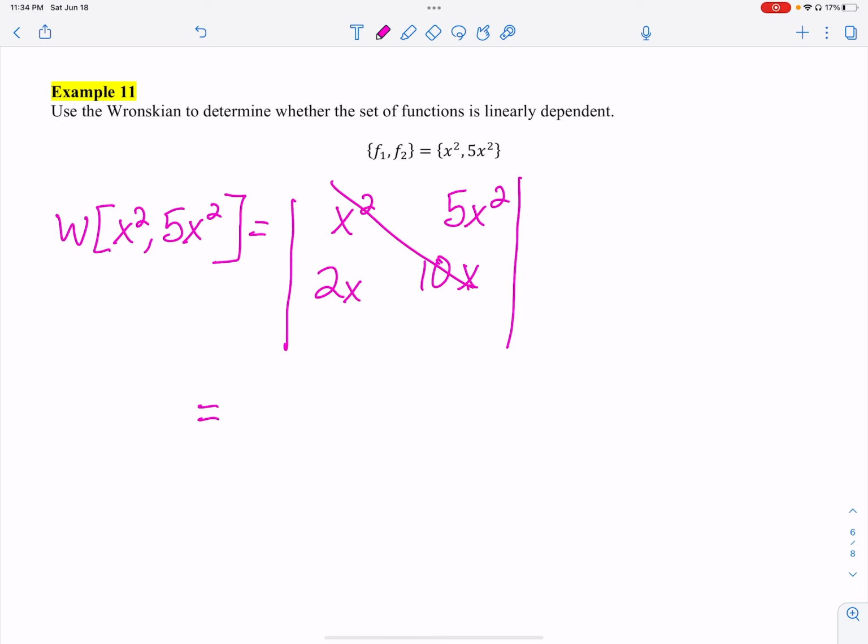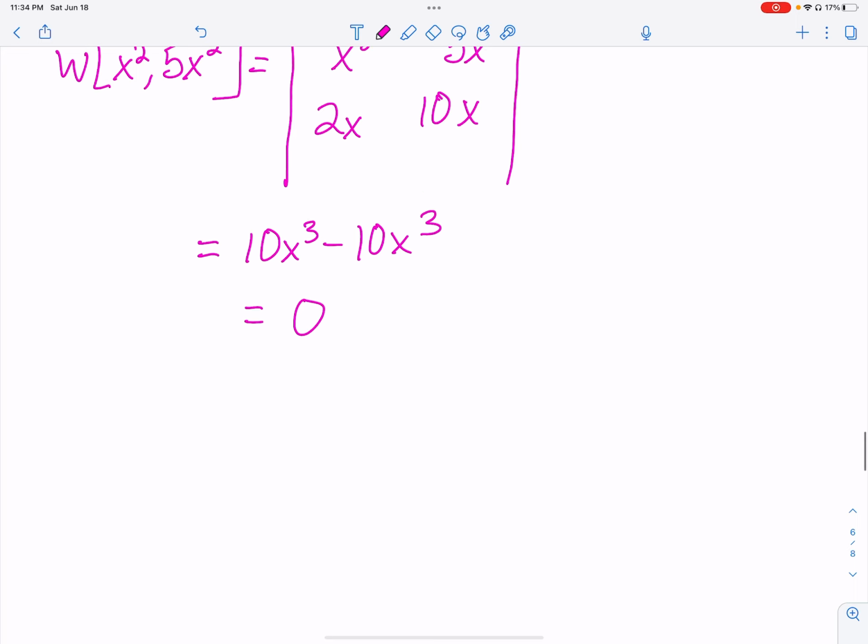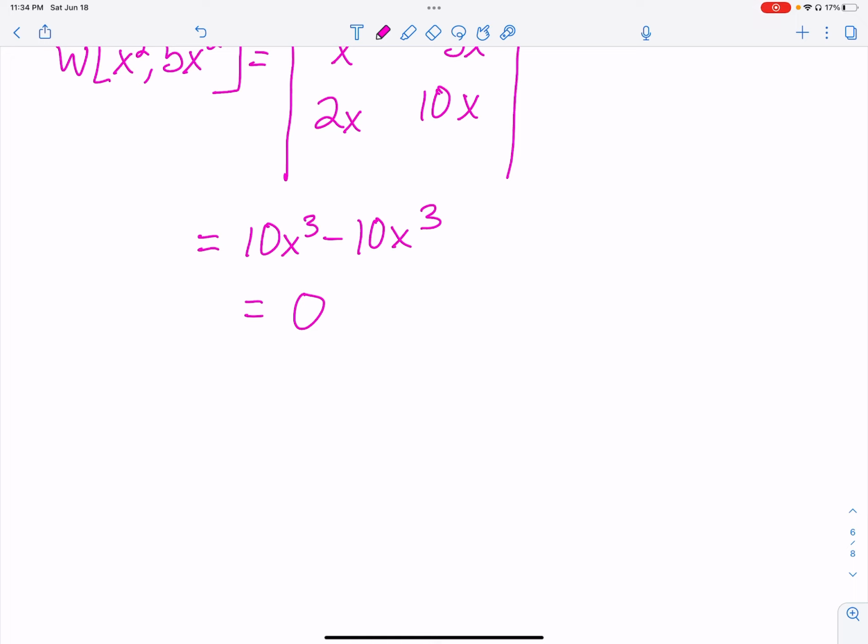X squared times 10x, we get 10x cubed minus 10x cubed, which gets us a 0. Well, that tells us that the set x squared, 5x squared, which we already knew because we found c's earlier that would work, is linearly dependent.